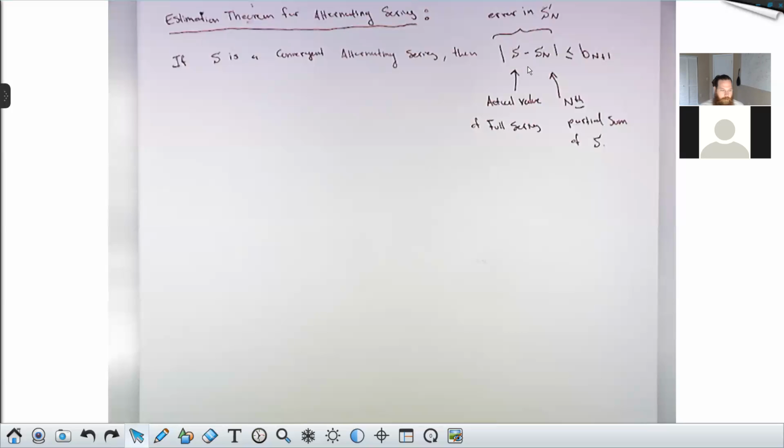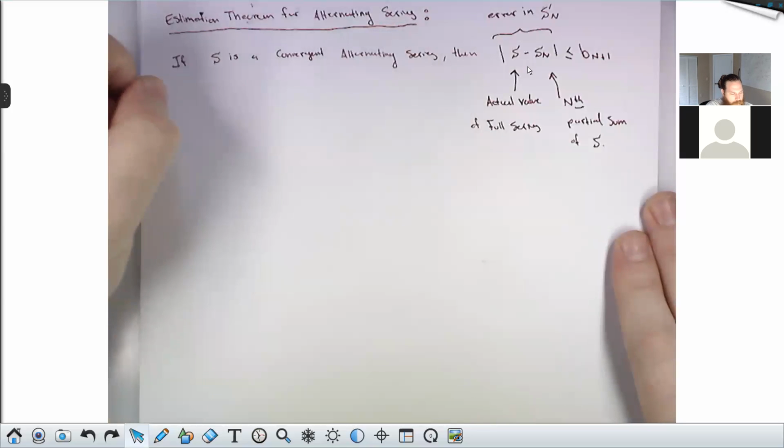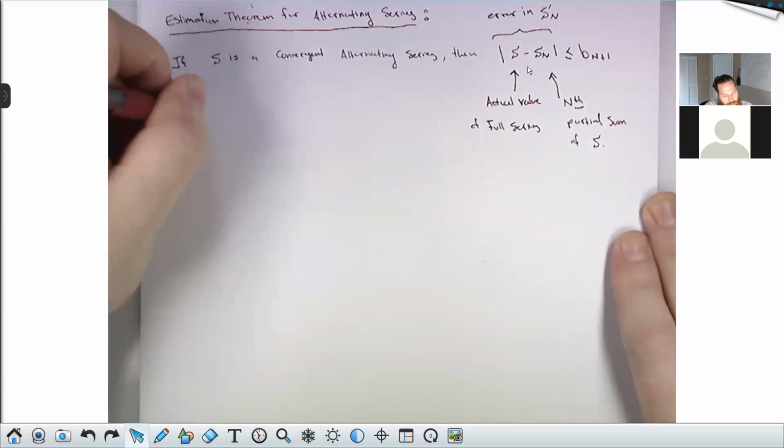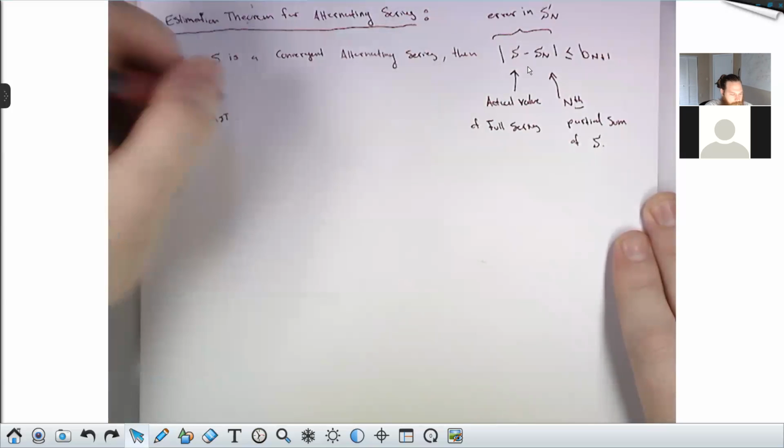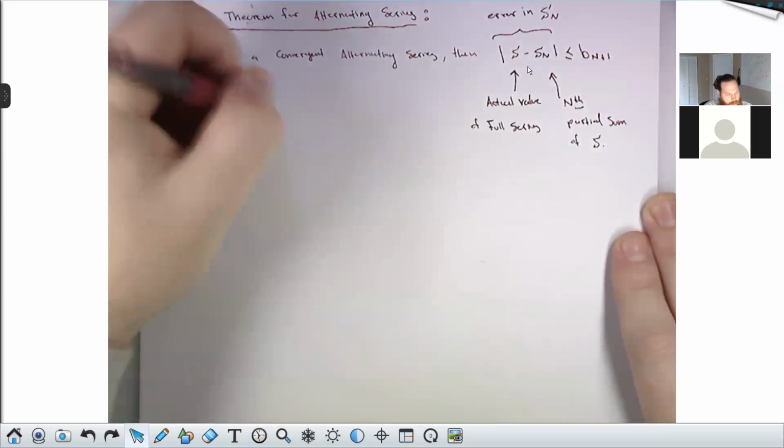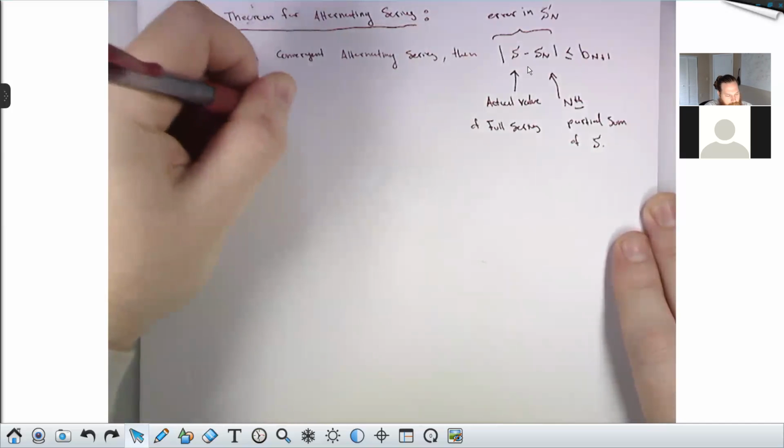So I'm going to give you the proof of the theorem. We'll prove actually both theorems at once. Proof of the alternating series test, AST, and the estimation theorem.